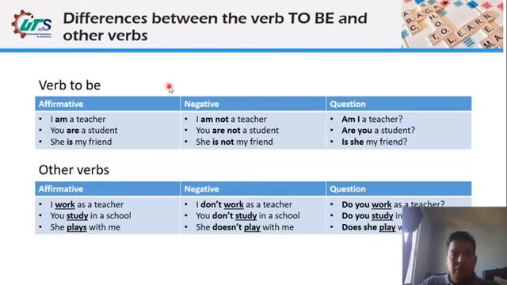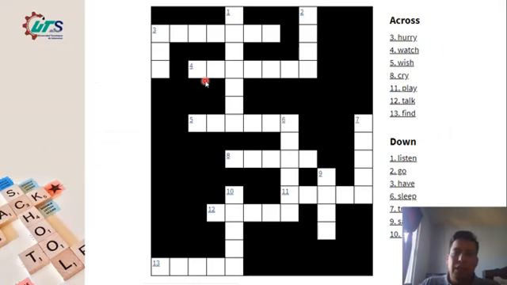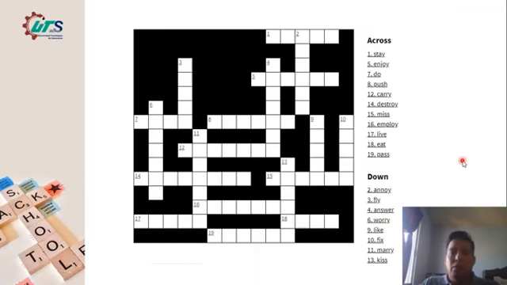At the end of the slideshow, you have some exercises like a crossword. Maybe you need to print this exercise. Another crossword. In this case, you need to change the verbs to the correct form with the third person.